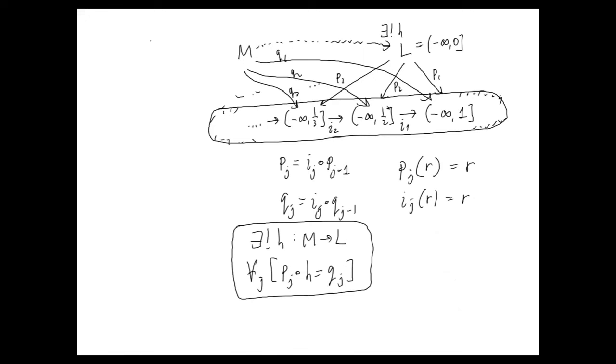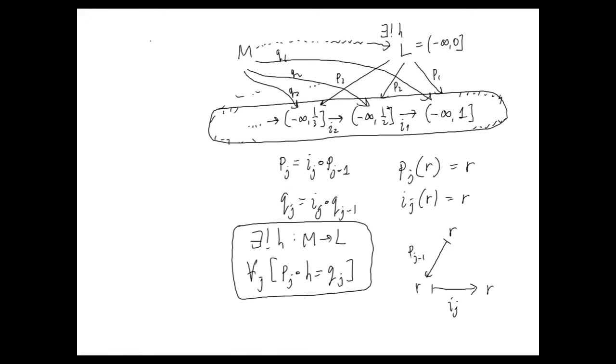First of all, do we see that the triangles commute? If I take r and I map it by P j minus 1, I'm going to get r. And then when I map it by Ij, I'm going to get r still.